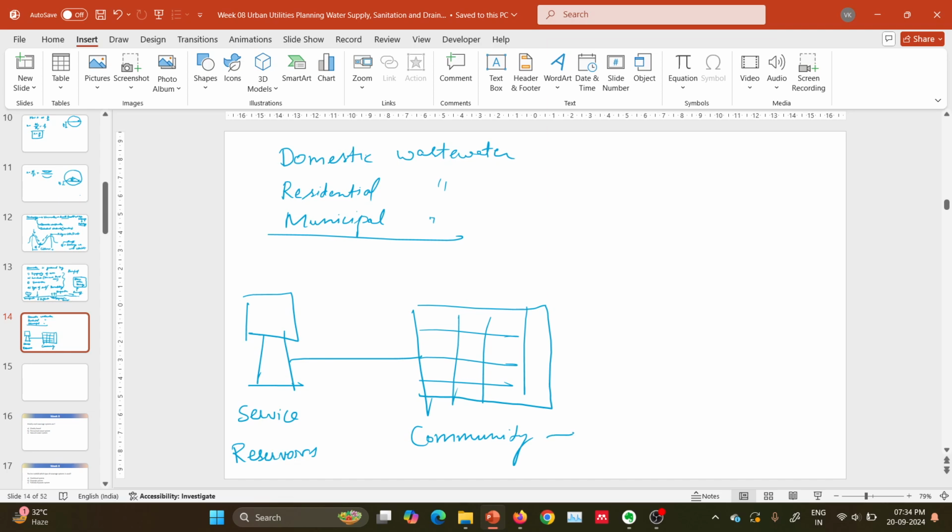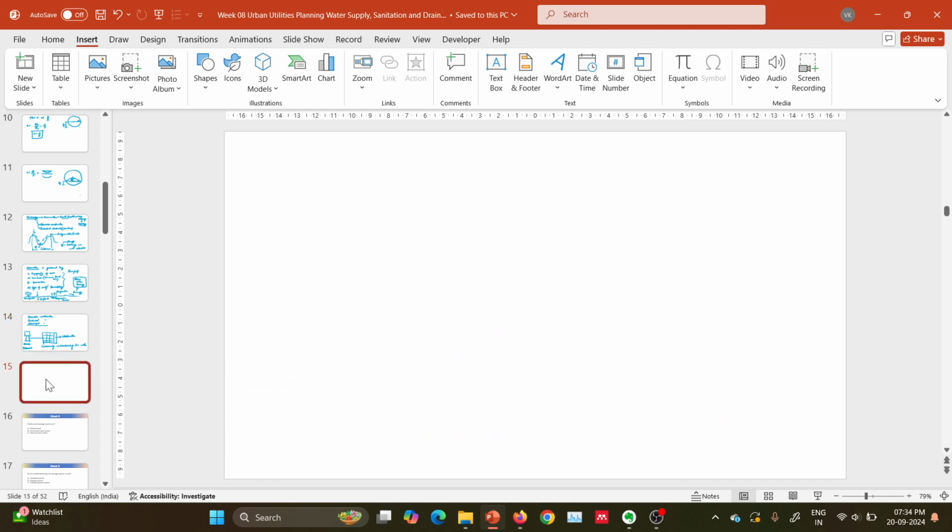This community is consuming the water, and then it is producing wastewater. So this water consumed, so how much wastewater will be there?